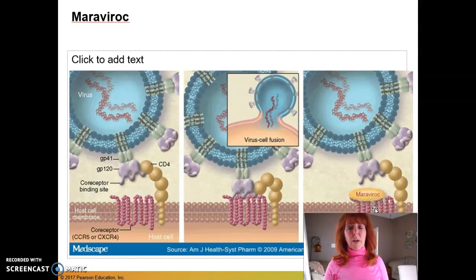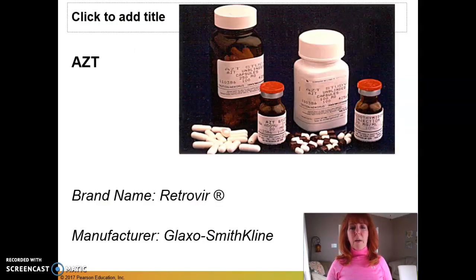So that's one drug that blocks viral entry. Another drug that was created years ago by GSK is called Retrovir, or AZT. AZT prevents the reverse transcriptase from working. It prevents the DNA from being created from the template of the viral RNA.